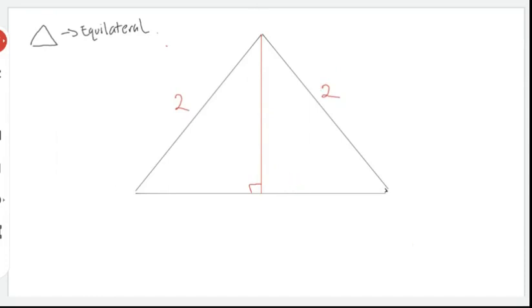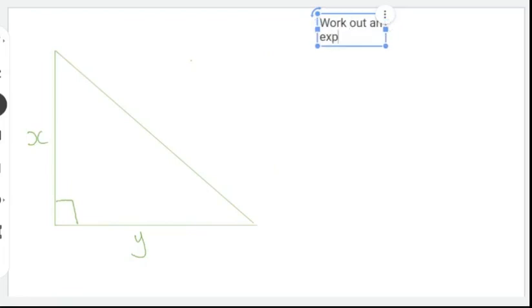Can we work out as much information as we can there? And then on the next slide, I'm going to put a triangle. It's another right angle triangle. One side length is x, one side length is y. Can we work out an expression for the hypotenuse?